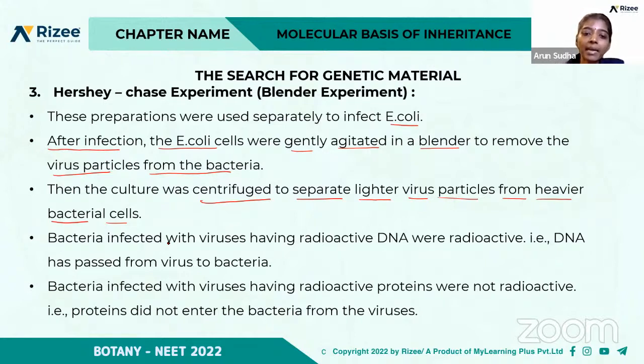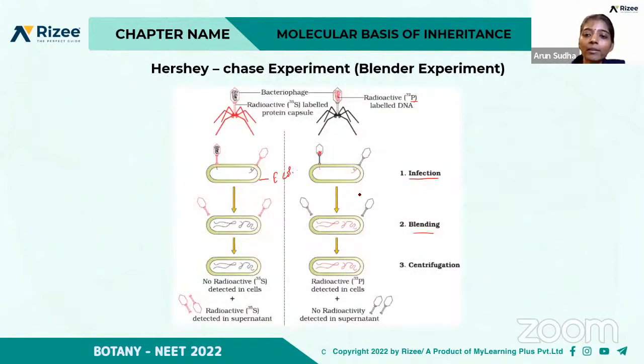Now the bacteria infected with viruses having radioactive DNA were radioactive. That is, the DNA has passed from virus to bacteria. If you observe, this is the blending. All these will be separated. Now only the bacterial cell exists.